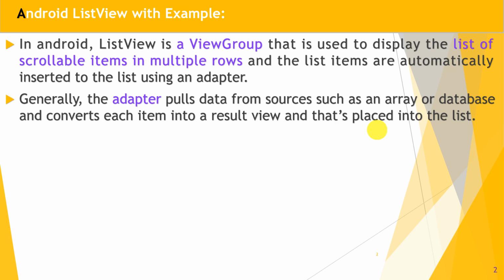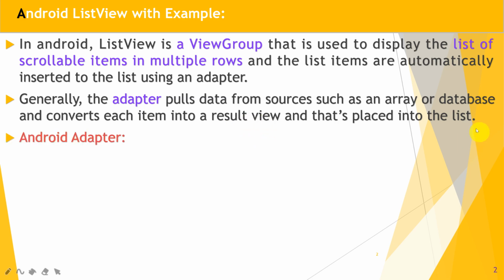The sources can be of different types, for example, arrays, databases, or network buffers. So it pulls the data from these different sources, converts each item into a result view, and adds this result view to the list view.